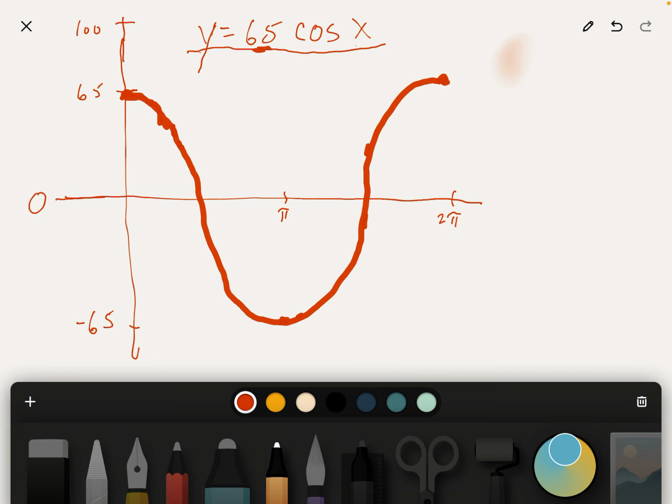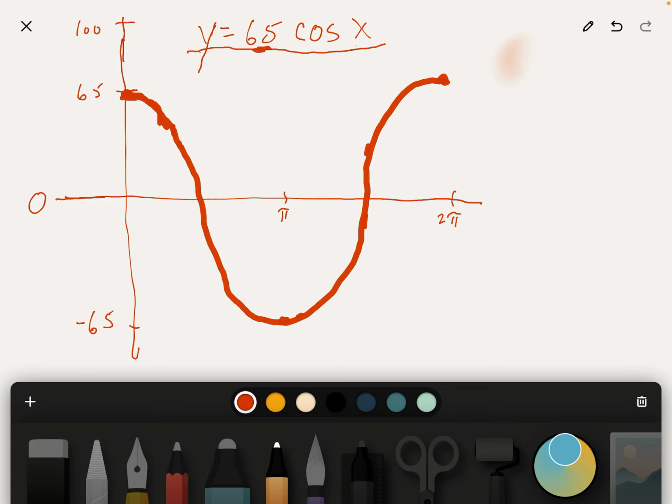Just a review, but to make a point, if this is our starting point at x equals 0 and y equals 65, the period refers to the interval for one complete cycle.